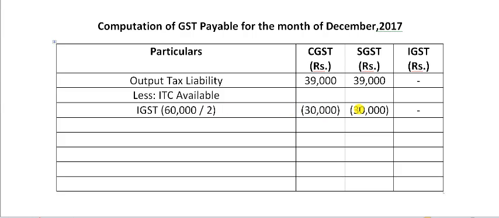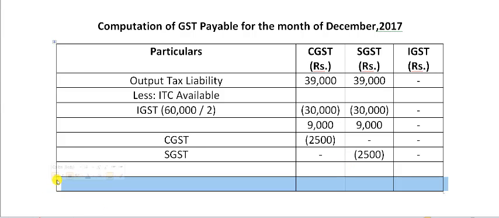So 30,000 each. 9,000 will be the remaining output tax liability under CGST and SGST. Yes, there is balance under CGST also. The balance is 2,500. We have computed it just now. So once again there is balance under SGST. CGST credit balance cannot be set off against SGST and tax credit balance under SGST cannot be set off against CGST. We all know that by now.